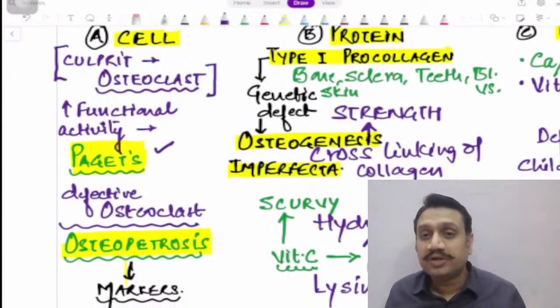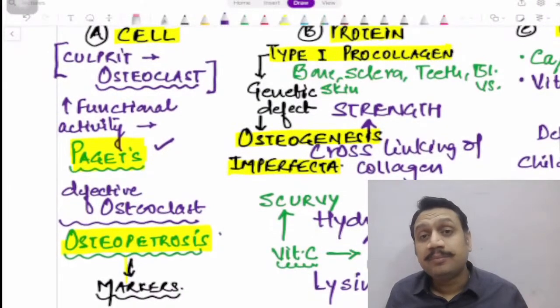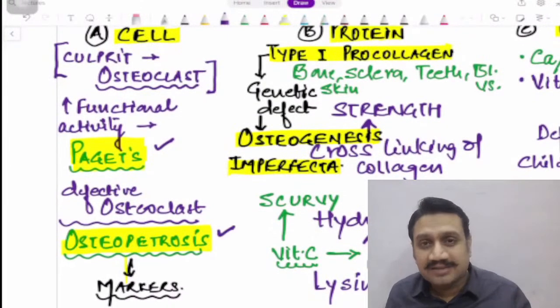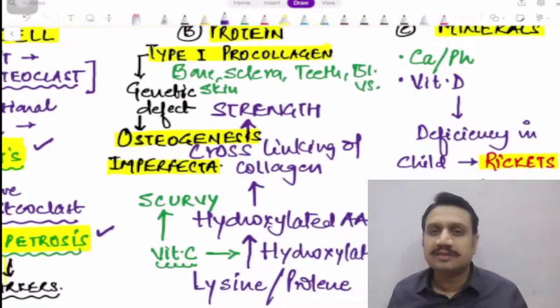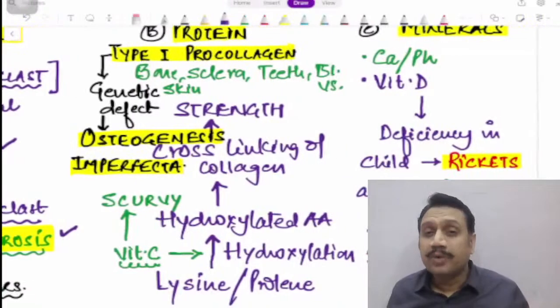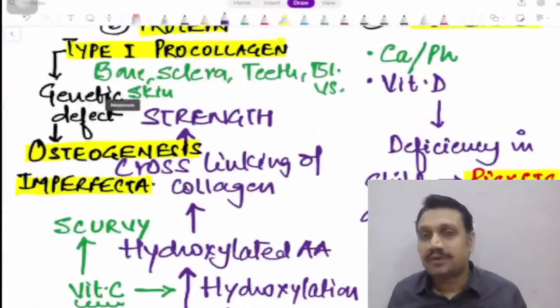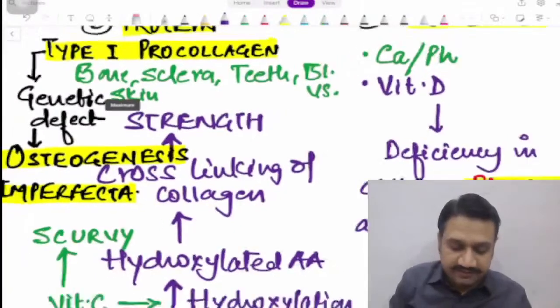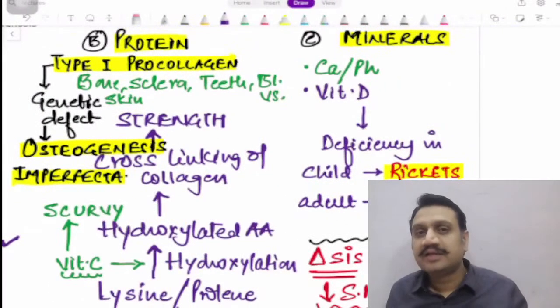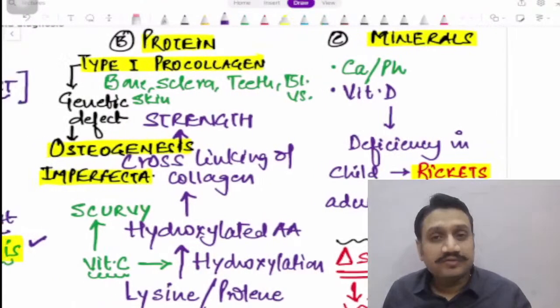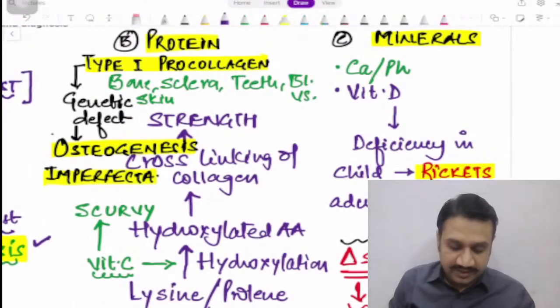Similarly, the major protein of the bone is type 1 procollagen, and this collagen is present everywhere: the bone, the sclera, the teeth, the blood vessels, skin. Whenever there is a genetic defect of the collagen, the disorder the patient suffers from is osteogenesis imperfecta, right? And whenever there is a nutritional deficiency of the same component, type 1 collagen, the disorder the patient suffers from is scurvy.